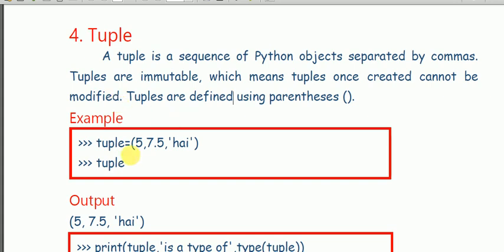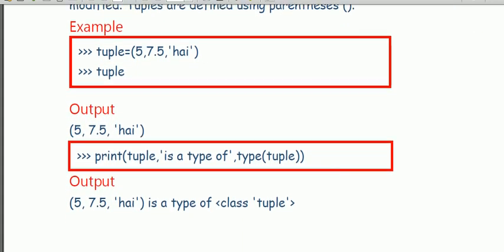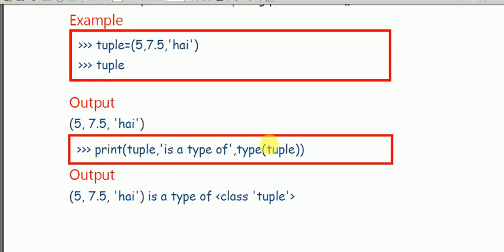And a tuple of 5, 7.5, and a string. To check whether it is a tuple type, we will use the type function and they produce the class. The type is tuple type. Now we will see it practically.